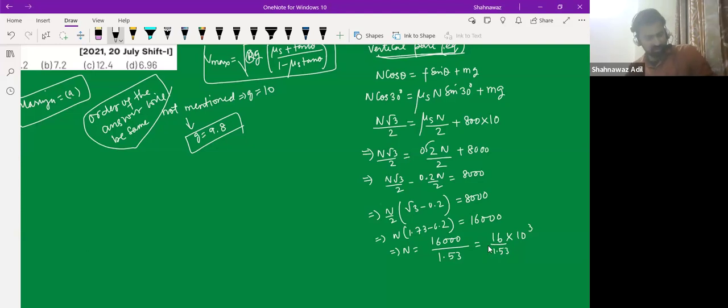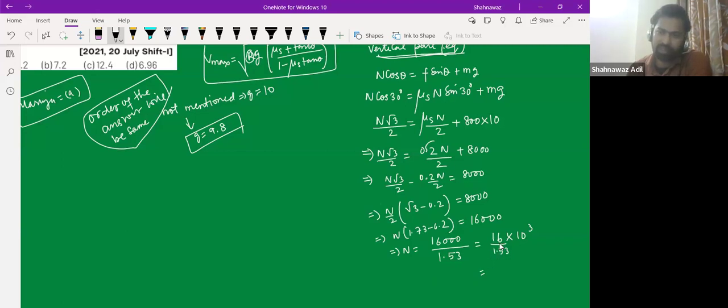So how much is this? What is 16 divided by 1.53? Where is my calculator? Use the calculator, guys, use your mobile and tell me what is this answer. 16 divided by 1.53.